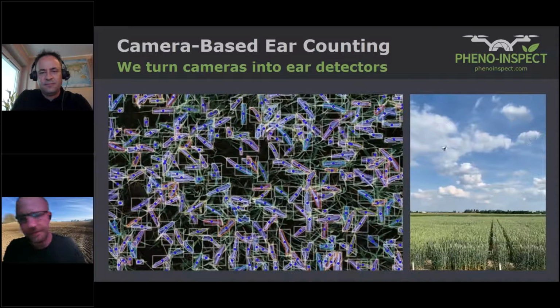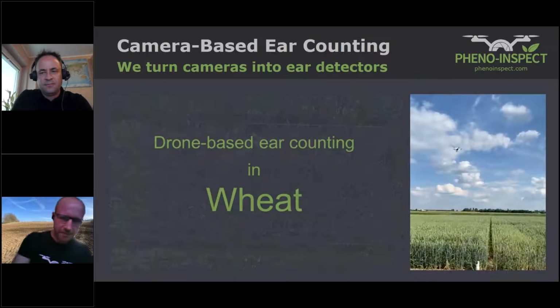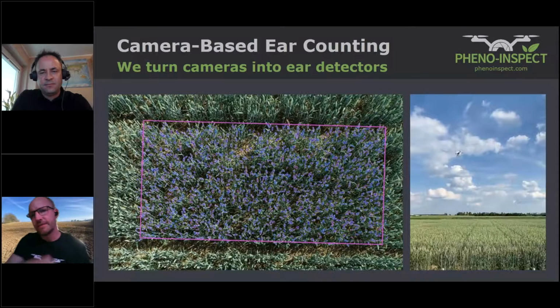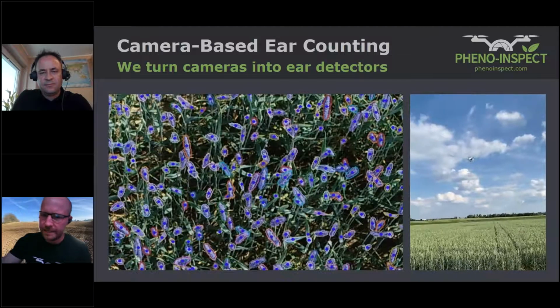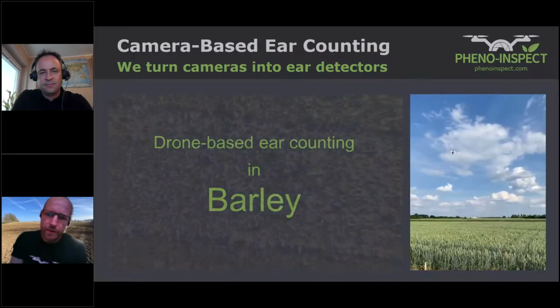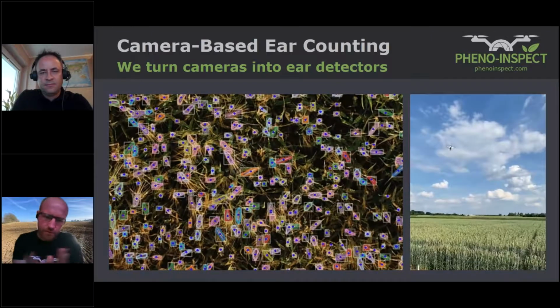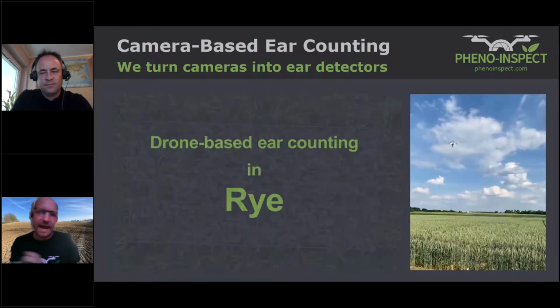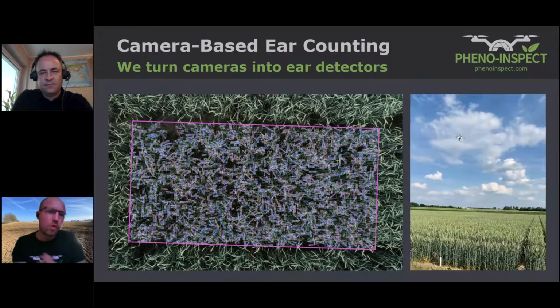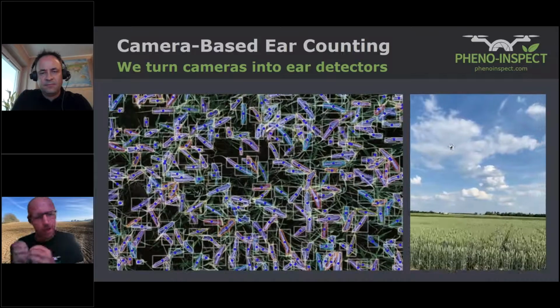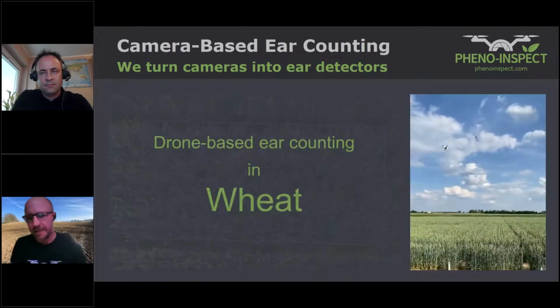On the right side, you see a Phantom 4 flying over the field. And on the left side, this is the actual data from the Phantom, where I say, okay, this is the most you can get out of the Phantom. So this is a ground resolution of around 1.5 to 2 millimeters, and 2 millimeters and below is the sweet spot for high accuracy ear counting applications.